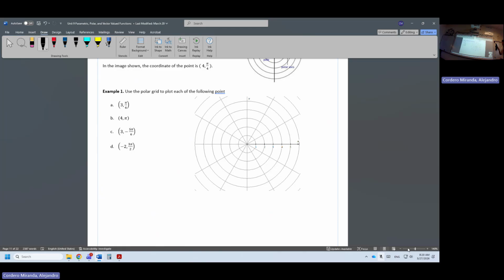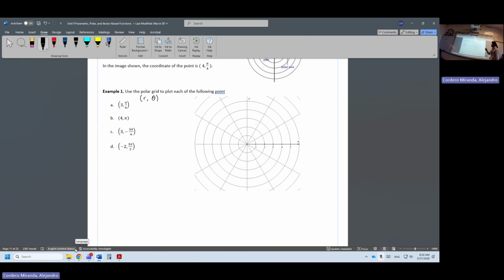So (3, pi over 6), obviously this is radius, angle. I guess you could do these in either order, but for me, I like rotating to the angle first and then walking the 3 radii rather than walking the 3 radii and then rotating to the angle.